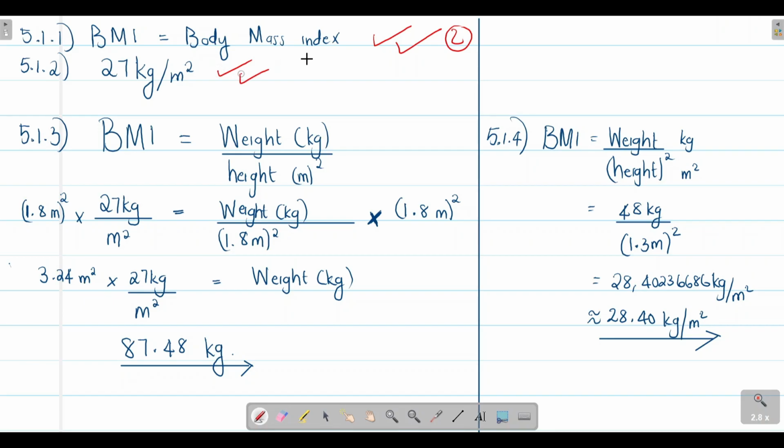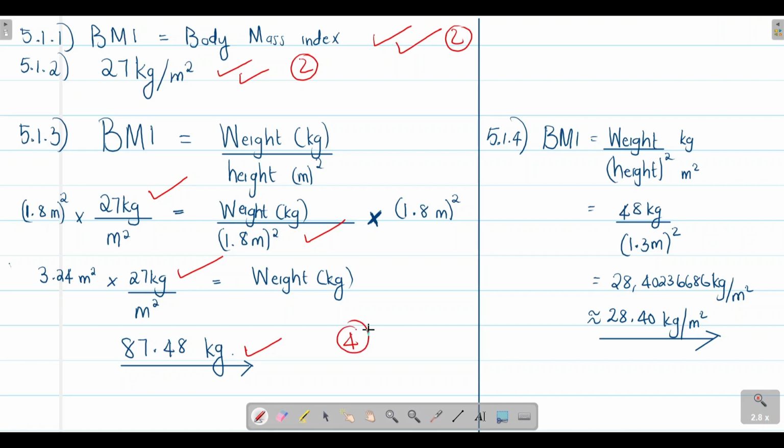For question 5.1.3, you'll get a mark for the correct substitution of 27 kilograms per meter squared, another mark for substituting your height squared, another mark for multiplying these two values together, and your final mark for your final answer of 87.48 kilograms. So that is out of 4 marks.